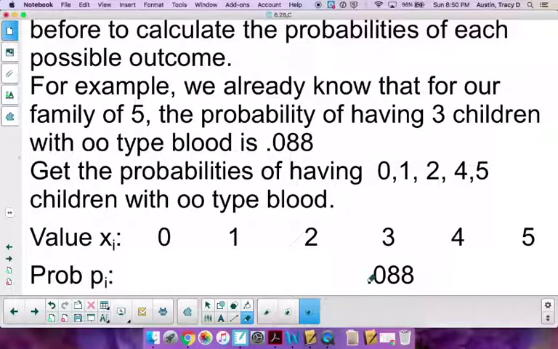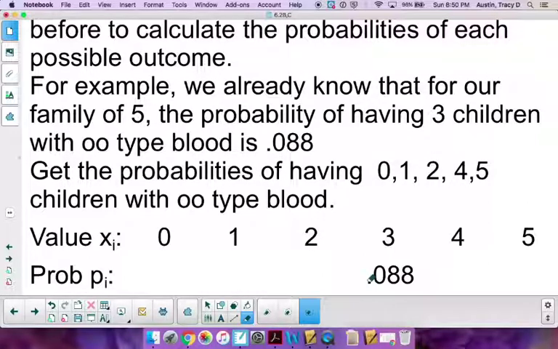And please go to 3 decimal places to make life easier. All right.